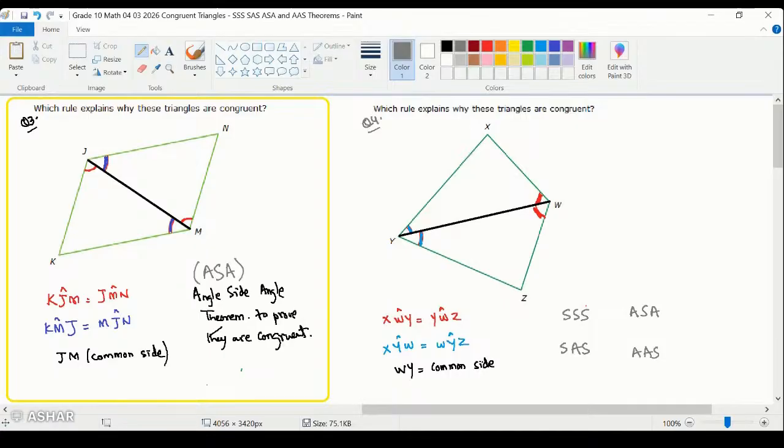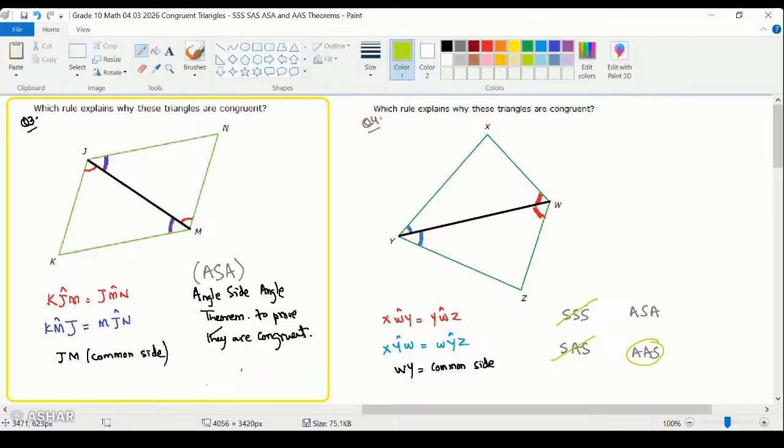We need to see which one applies. We cannot use side, side, side because 3 sides are not given. 2 sides are not given. Angle, angle, side is applied only when 2 angles are given and 1 angle is on the common side.